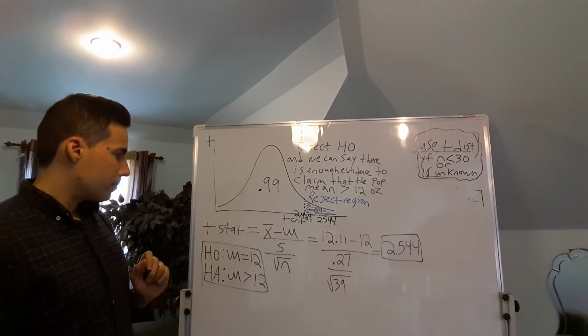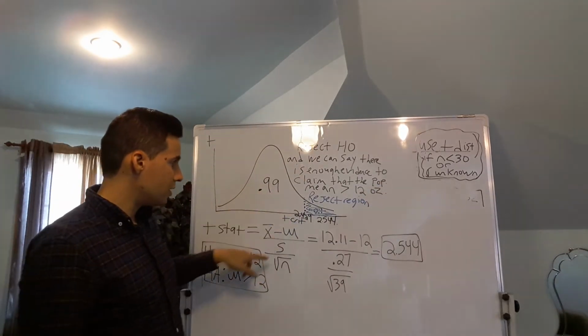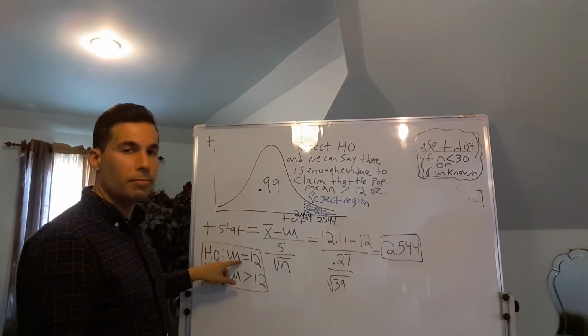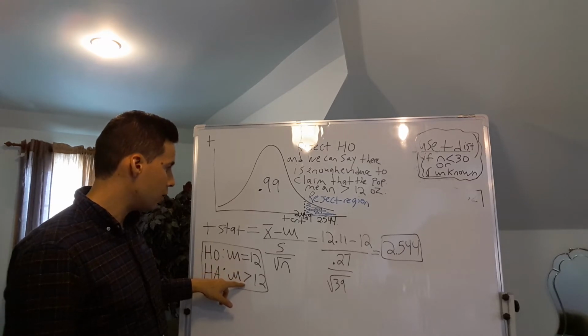We can reject that the population mean is 12, and we'll say it's more than 12.